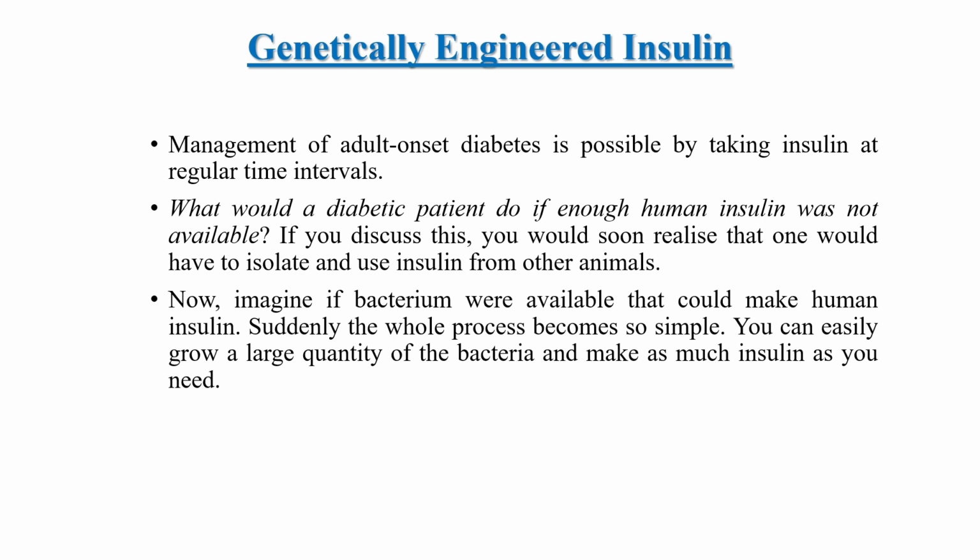So management of diabetes, or adult onset diabetes, is possible only by taking insulin at regular time intervals. This is the only solution. So just think, if that much amount of insulin, which is required by a given population, is not available in the market, then what will happen? That is a very panic situation, right?